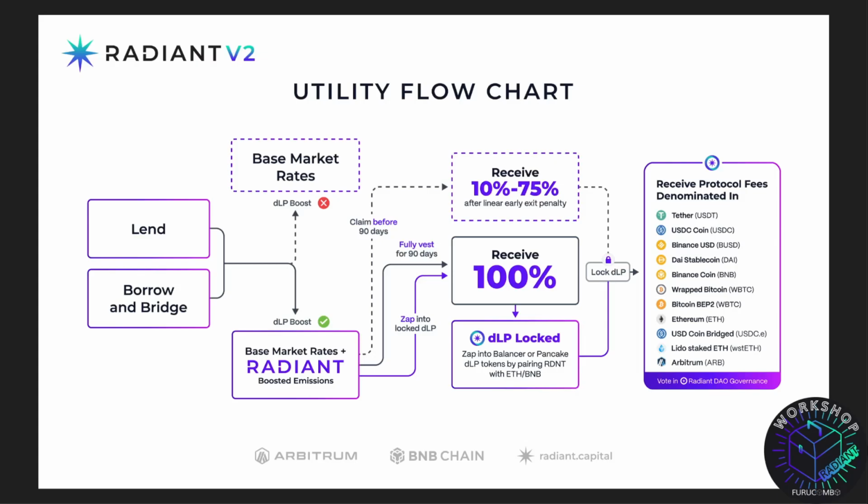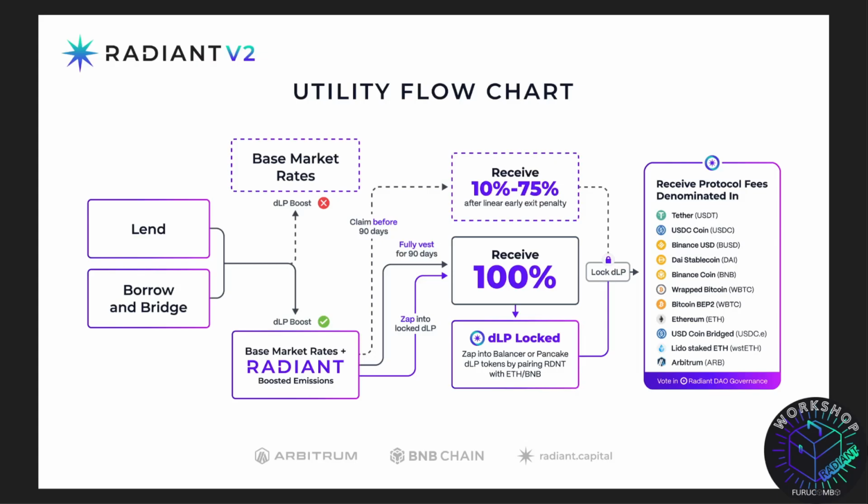Okay, so you can claim before the 90 days, and you can receive anywhere from 10 to 75% exit penalty. You can vest for 90 days, and you can receive 100%, or you can zap back into locked DLP. When you receive your emissions, you're going to receive all kinds of tokens: DAI, USDC, Ethereum, things like that.